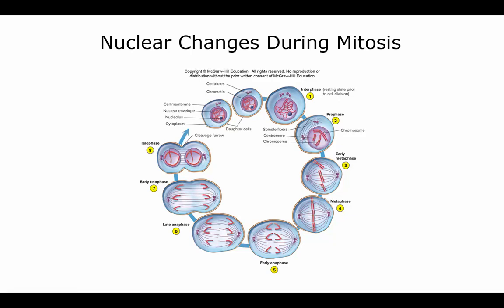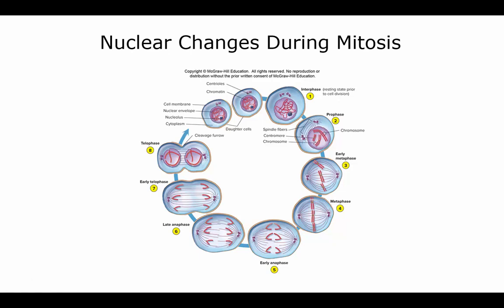In interphase, which is not part of mitosis, the cell grows and replicates its DNA, and it replicates all of its organelles. So you notice back here we only had 2 centrioles, and now we have 2 pair, and we've got double the amount of DNA, and the cell's bigger.